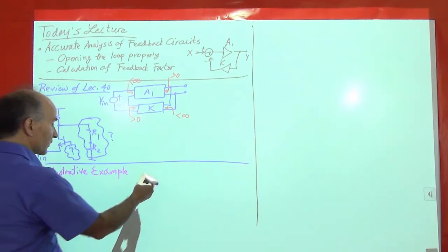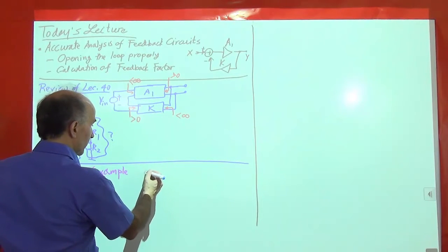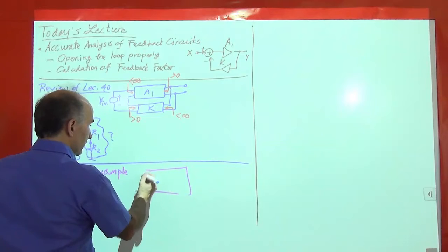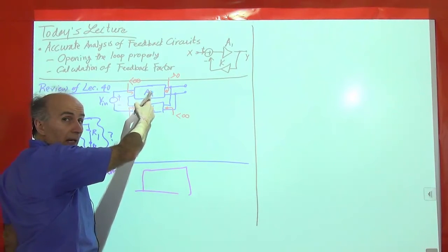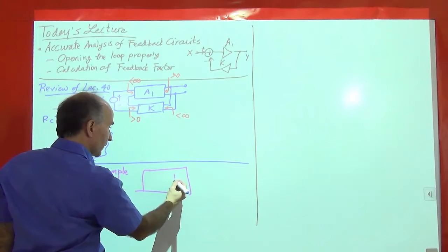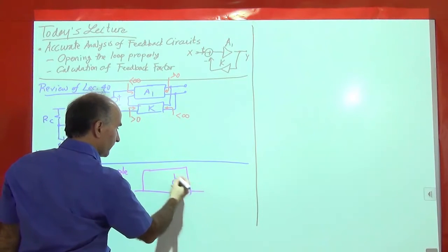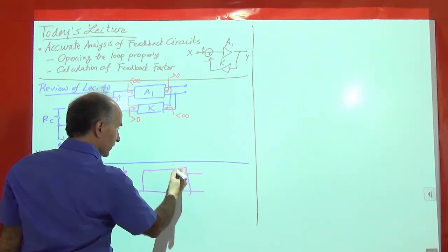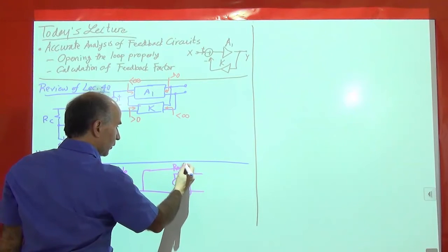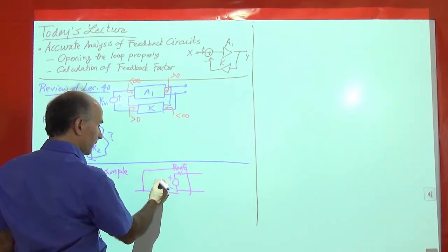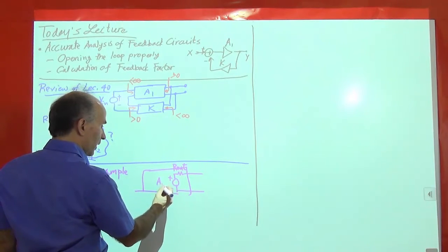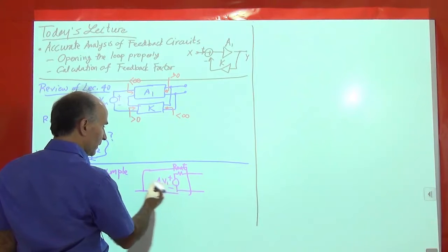Okay, so here's the situation. We draw the circuit, and we saw before that to model the output impedance here, we place a voltage source like so, and then a resistance, right? We call this R out. This is the open loop output impedance, and this voltage source is something like A1 times V1.